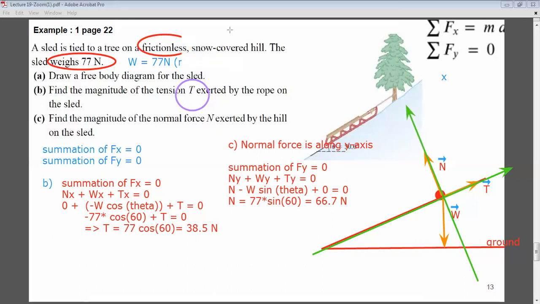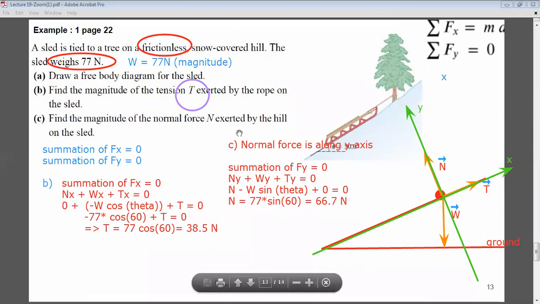Now, this is the x-axis and this is the y-axis. The first part: find the magnitude of the tension exerted by the rope. The tension vector is along the x-axis, which implies I have to use the first formula, summation of Fx equal to ma.